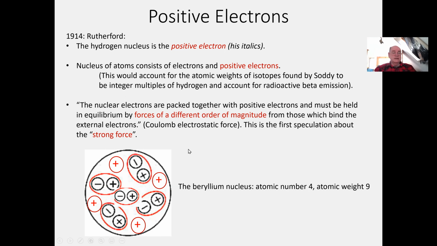And one of the things that it explains is beta decay very nicely, because one of these nuclear electrons, by some mechanism of radioactivity, is thrown outside of the atom. And what happens? Well, once this marriage is broken and this electron is gone, this positive electron now becomes a free positive electron, and the charge on the atom goes from 4 to 5.